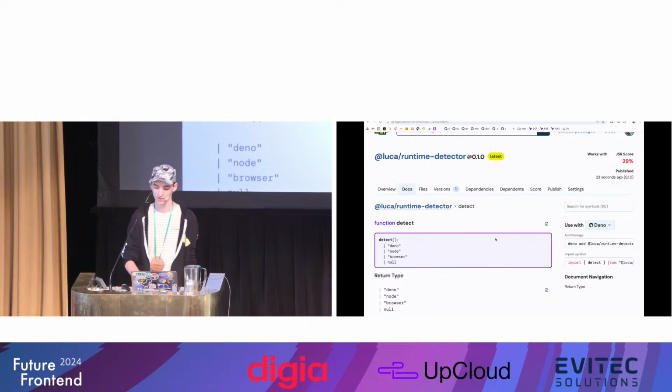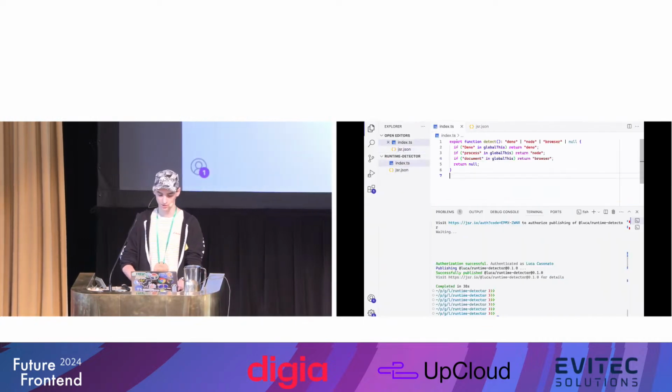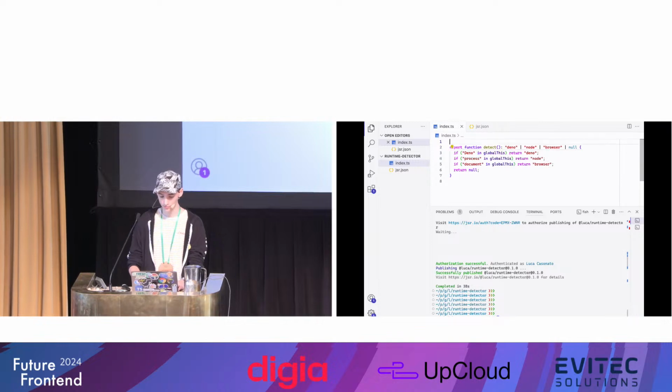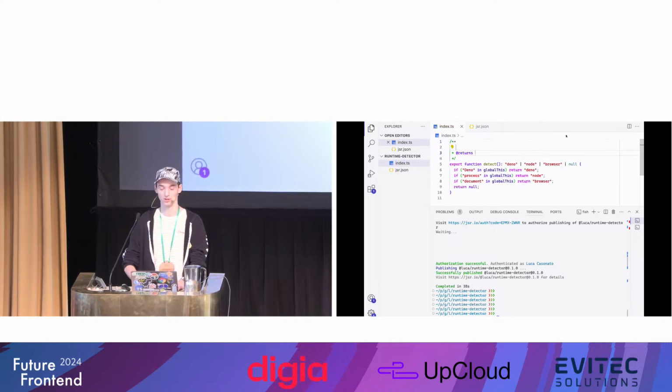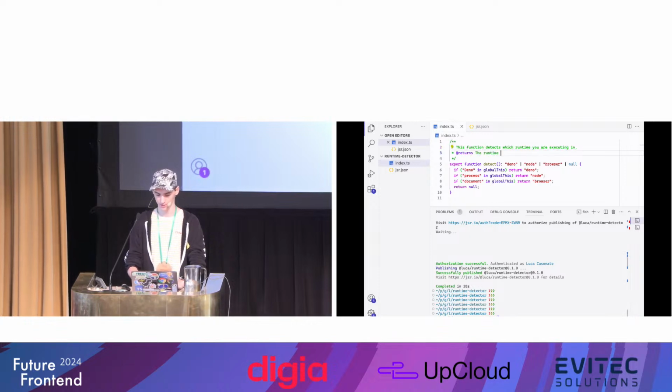And you can see this because if I go back to my editor, and I add a comment on my code here that says, this function detects which runtime you are executing in. Returns the runtime you are in, and null if the runtime could not be detected.